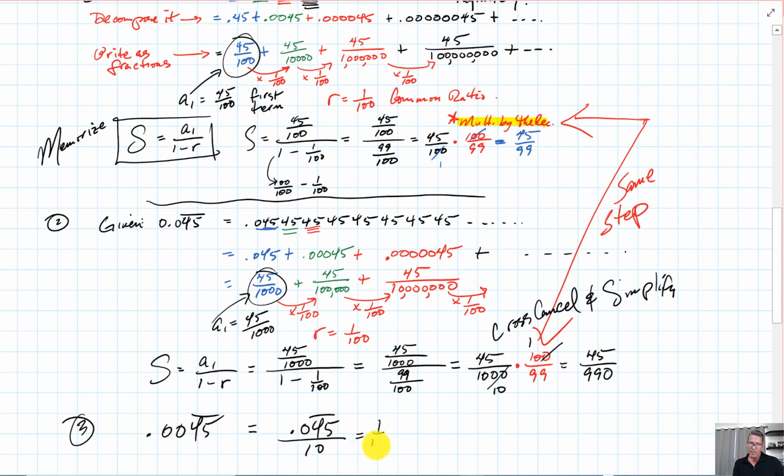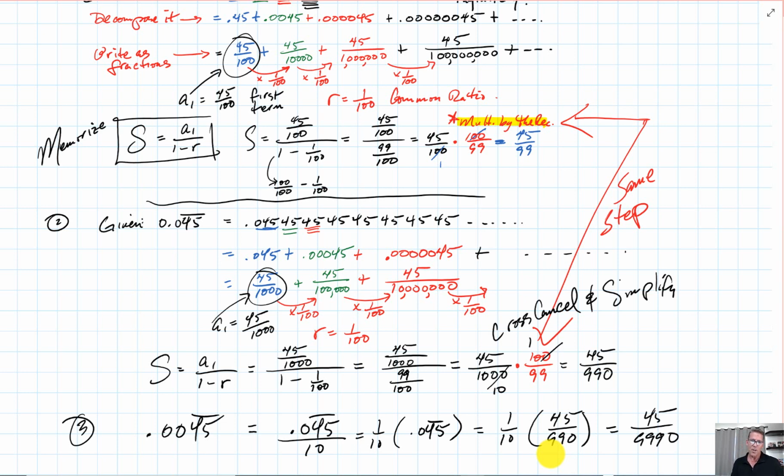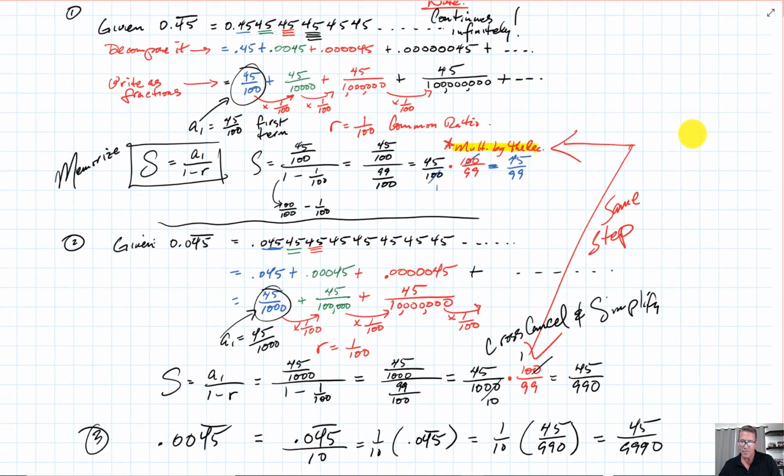Or you can write it as 1/10 times 0.045 repeating. And then you could take 1/10 of the previous answer here, which is right up here, 45 over 990, and then you get just 45 over 9,990. So you could take prior results if you knew them and then extend it without doing all the process. So it all depends on what you know in terms of the basics.